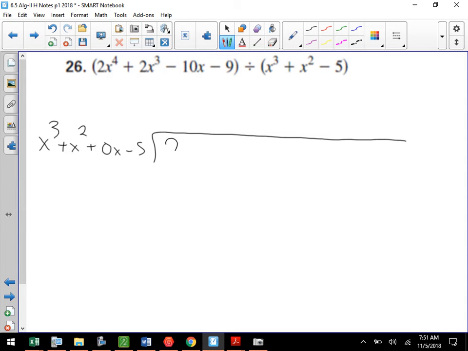Then we have a 2x to the 4th, 2x to the 3rd, a 0x squared, minus a 10x and minus a 9. And now, what do you multiply x cubed by to turn it into 2x to the 4th?